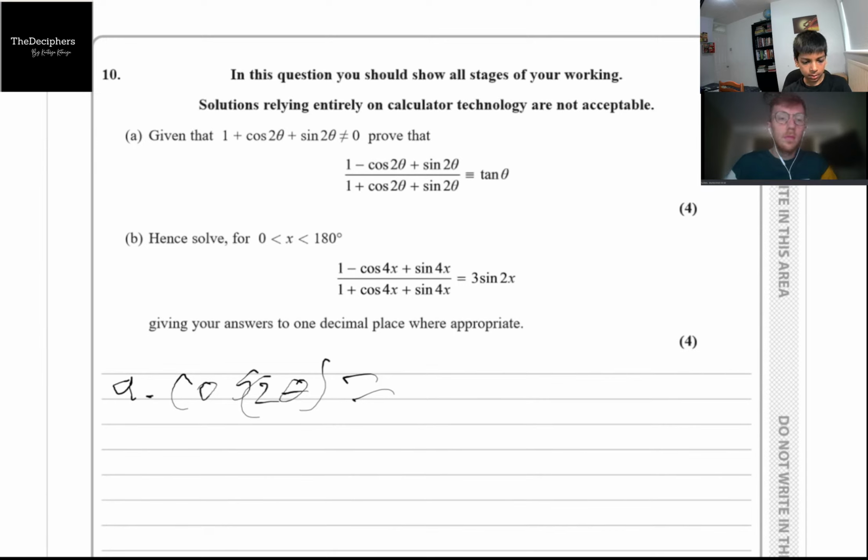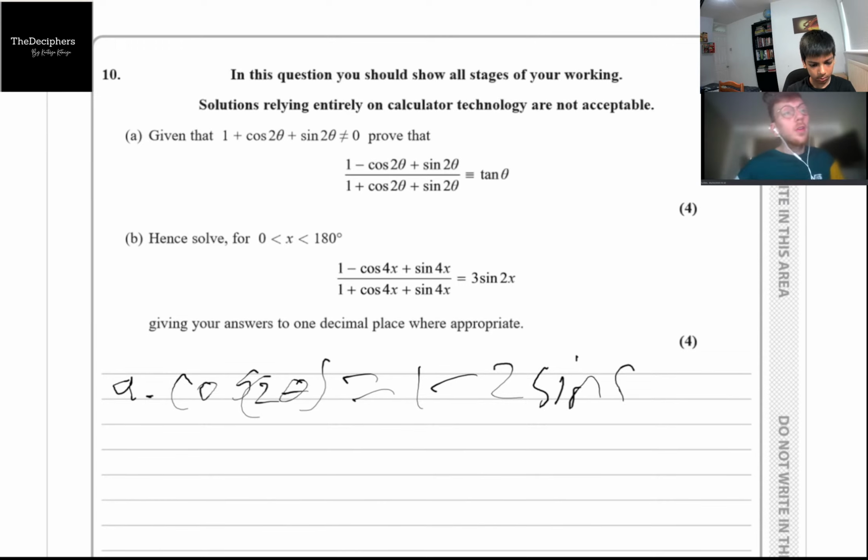Yep. I forgot which one they were. I think there was 1 minus 2 sine of.